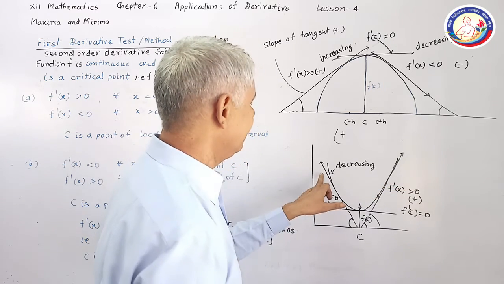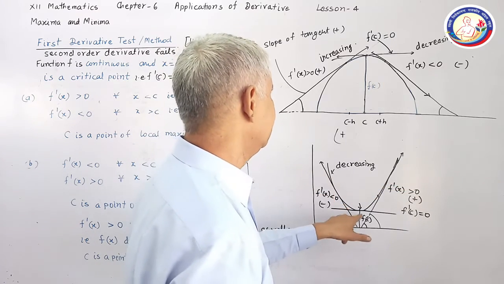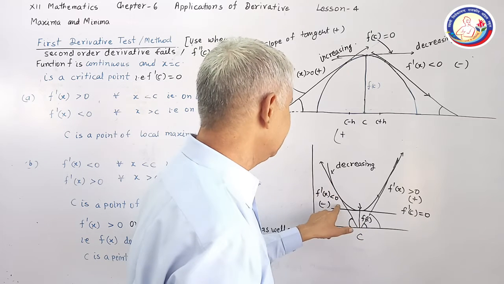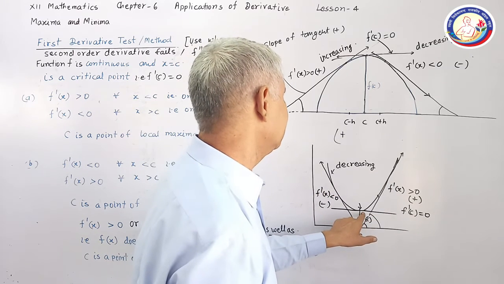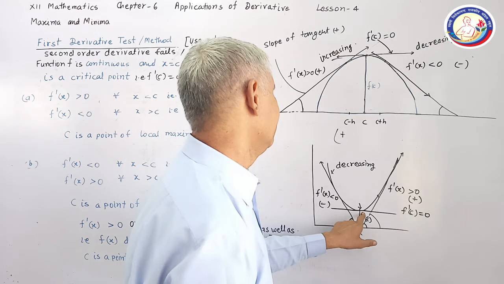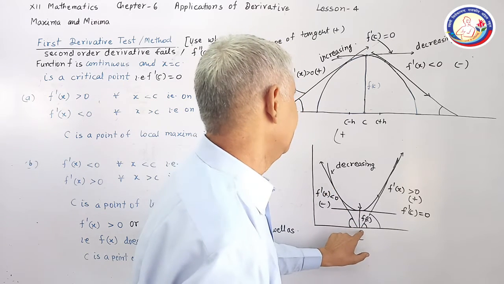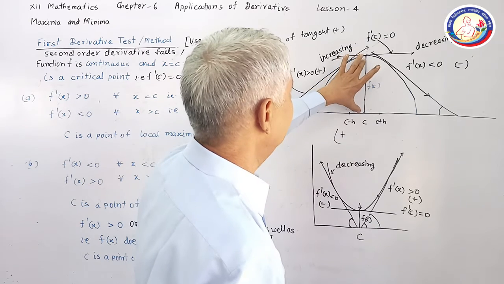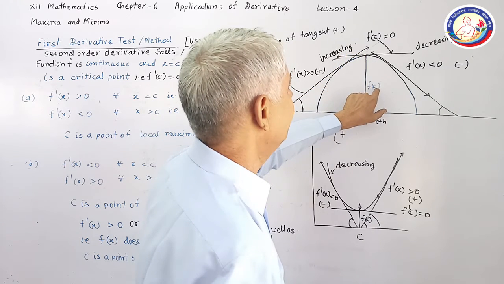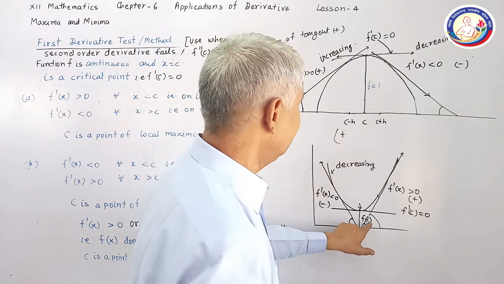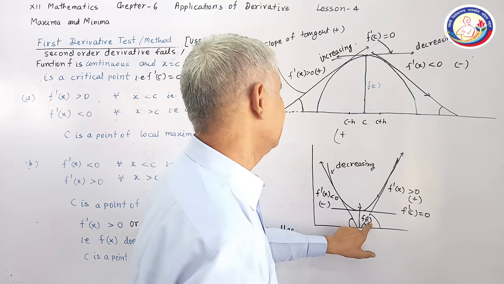So the nature of the function changes here at c. First it is decreasing and then increasing. It means it is a point of minimum value. And this will be the minimum value at c. And here the maximum value will be the value of the function at c, and here also it will be the value of the function at c.